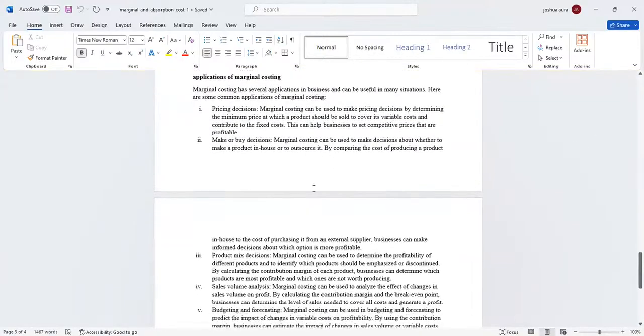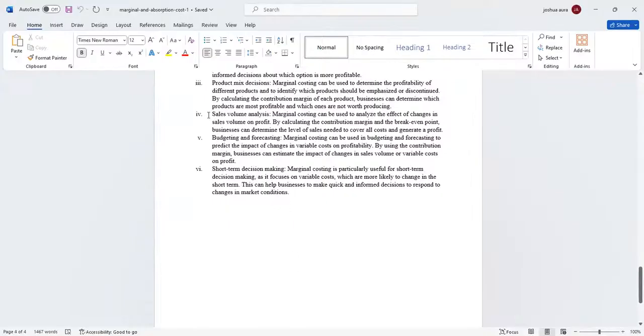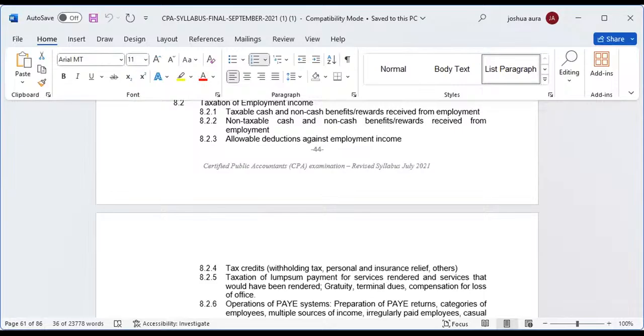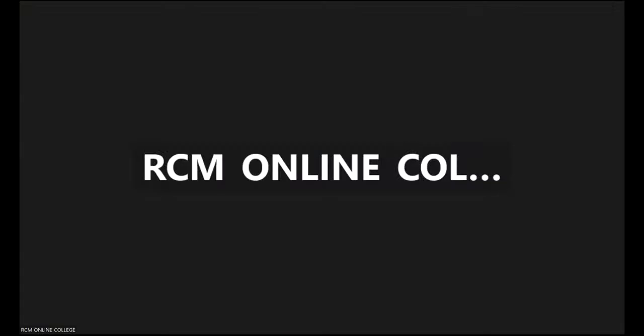So you can access these notes or just get back to the platform for you to be able to do your studies. That is all about the theory.